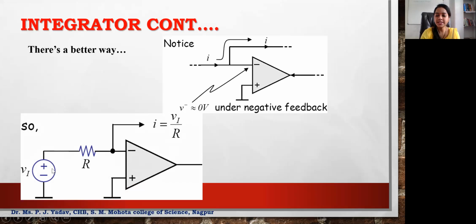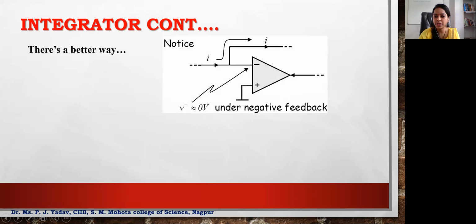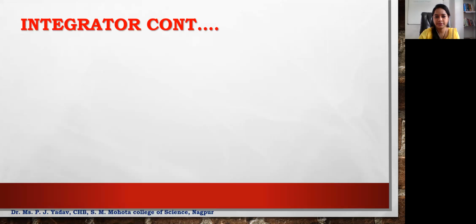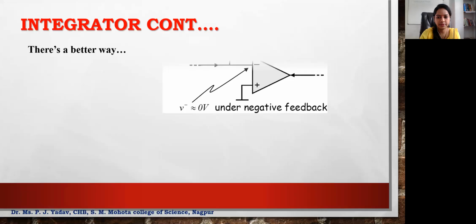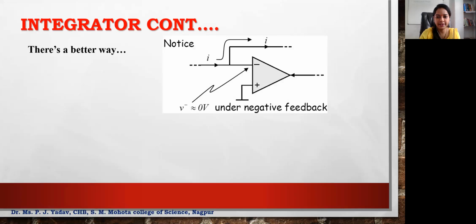Okay, so this is the supply, this is the input resistance, and where we are going to connect our capacitor is at this point. Sorry. This is the circuit. Okay, this is the integrator.